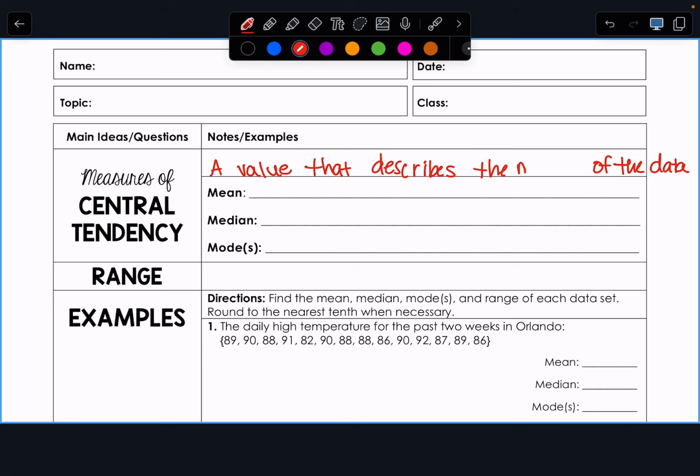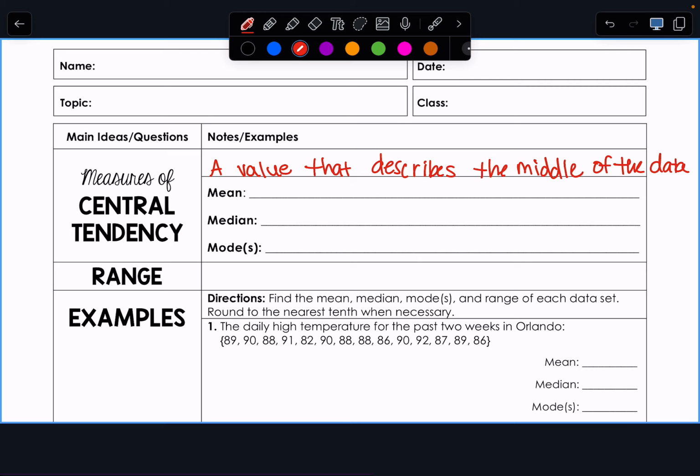Okay, the middle. So the middle of the data. A measure of central tendency is a value that describes the middle of the data. So there's 3 of them: mean, median, and mode.